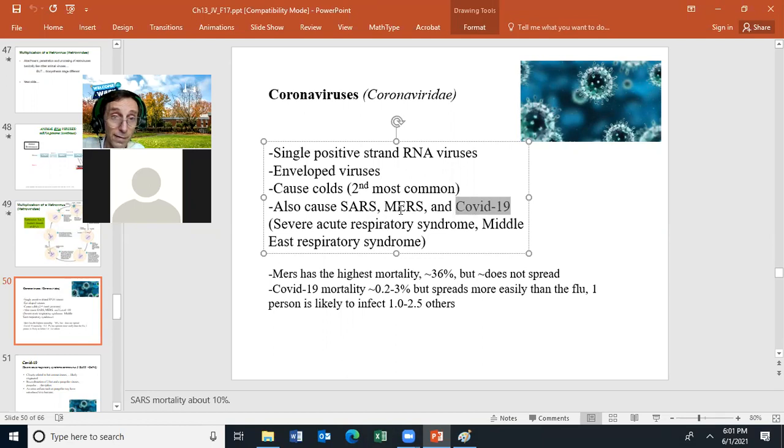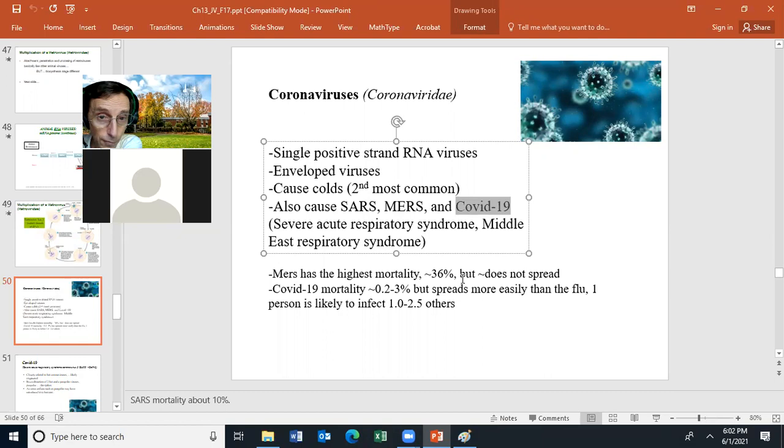And then MERS, Middle East Respiratory Syndrome, is another serious disease of man that is caused by coronaviruses. MERS has the highest mortality rate. Humans that get MERS, about 36% of them die. The good news is that MERS does not spread from human to human.